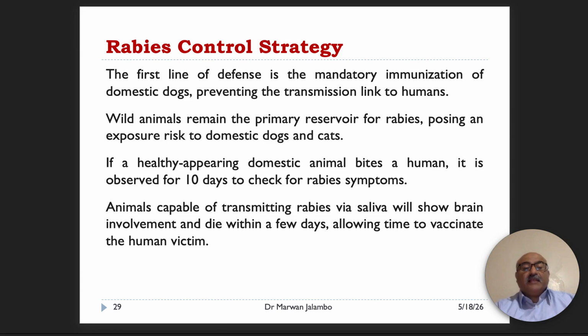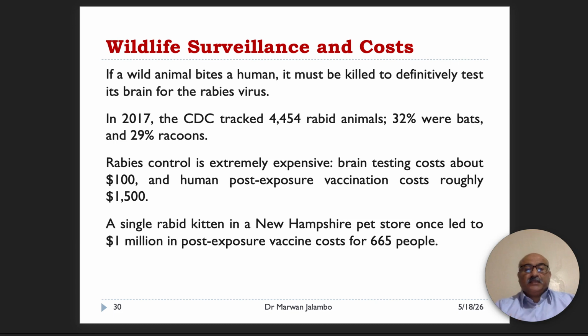But wildlife is a different story. If a wild animal bites a human, there's no way to test it alive. It must be killed and its brain tested for signs of the rabies virus.